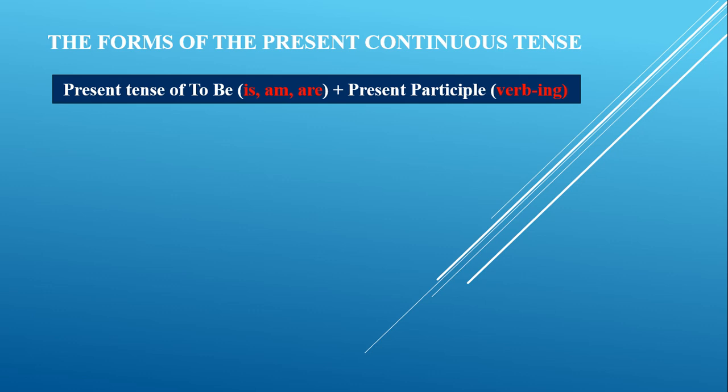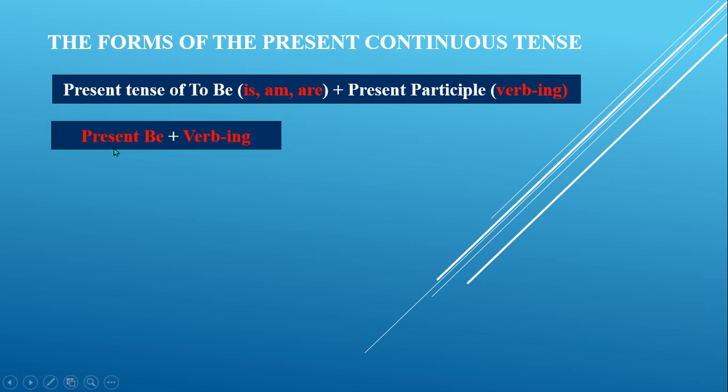For today, then, we will just assume you are all familiar with them, right? Okay, now let's simplify a bit in order to give some degree of simplicity. Let's refer to this form of present continuous as present be plus verb ing, right?